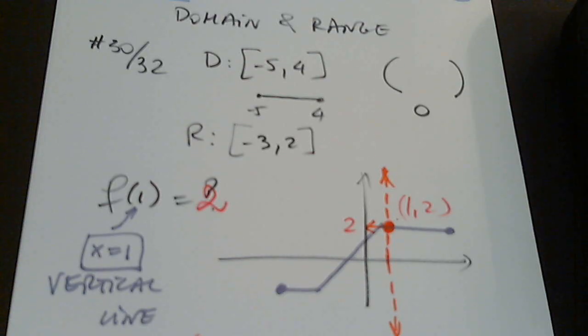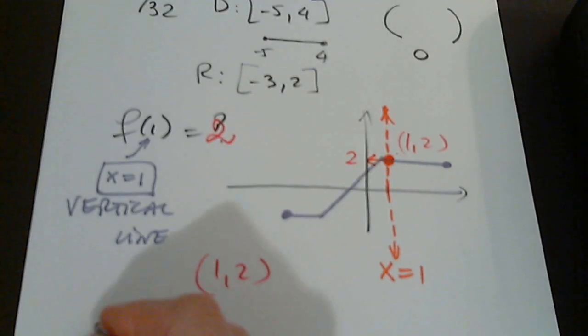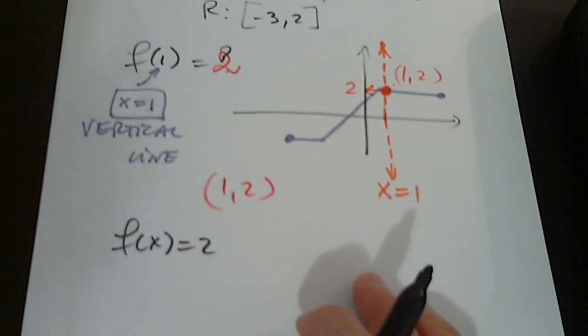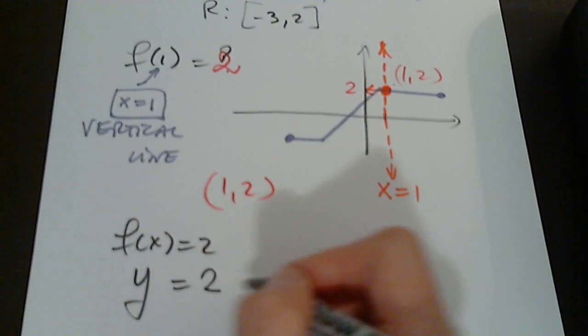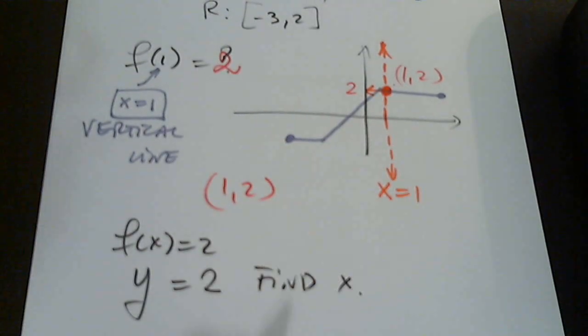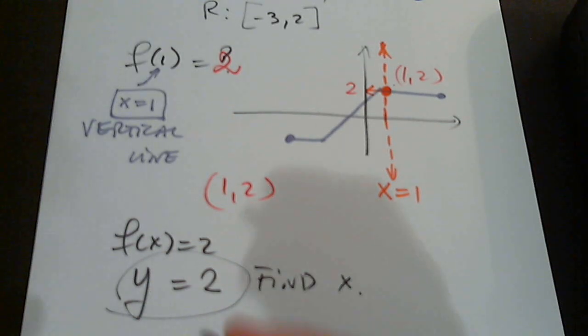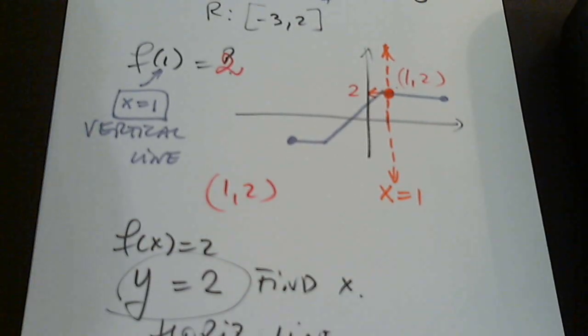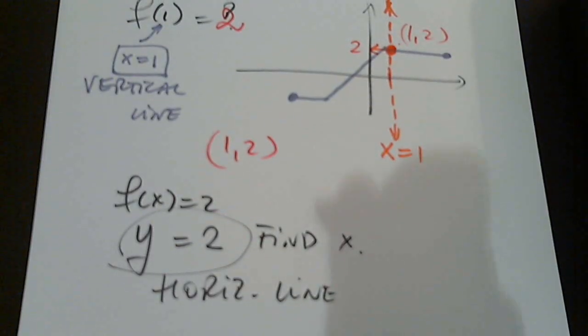Okay. Now, they are also asking us to determine x when f of x is 2. This is a different story. When we're told f of x equals 2, we're literally told y is 2. Find x. But y equals 2, you can say it's just y equals 2. True, but it's also a horizontal line. y equals 2 is a horizontal line. So how do I graph it?